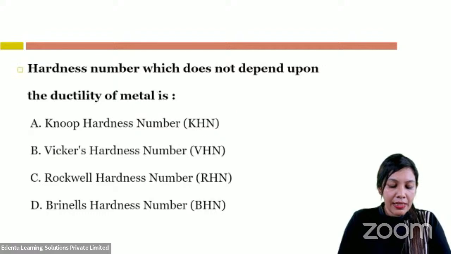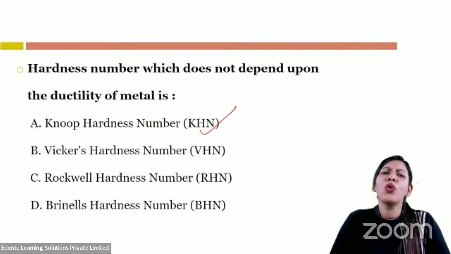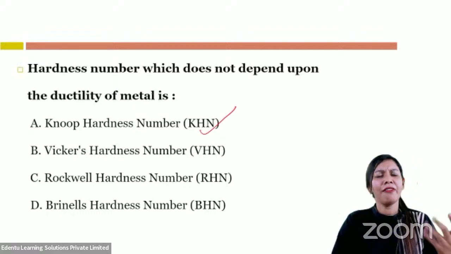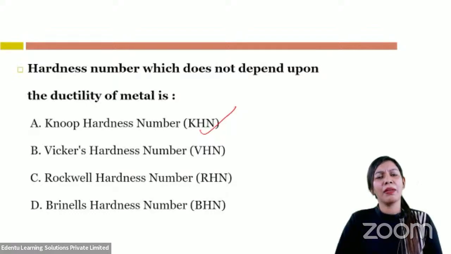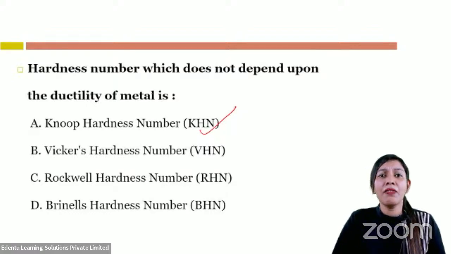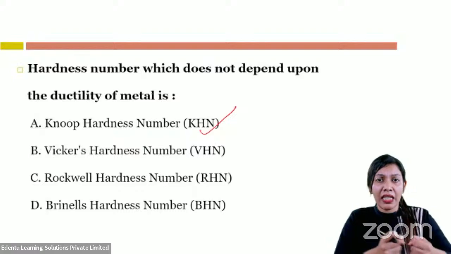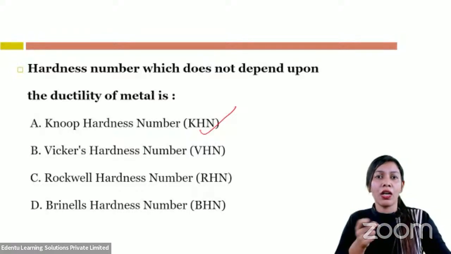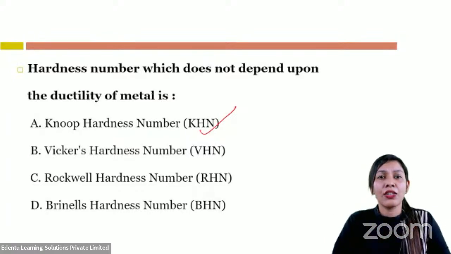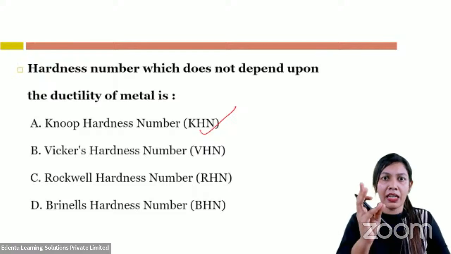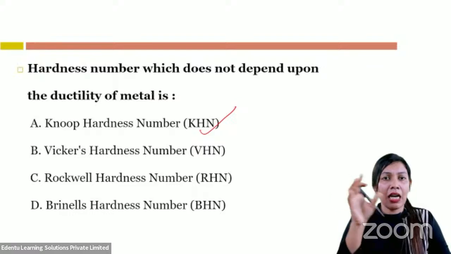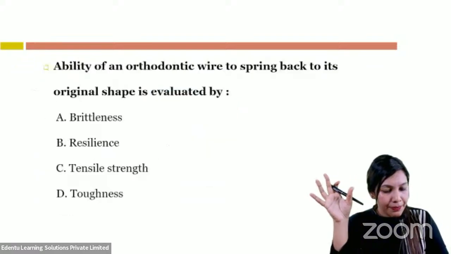So the answer is the hardness number which does not depend upon the ductility, because in brittle material we cannot check the ductility, whether it is stretching or not. So in those cases, the answer is the Knoop hardness test, because it can be used for all materials like brittle material where ductility is not a factor.